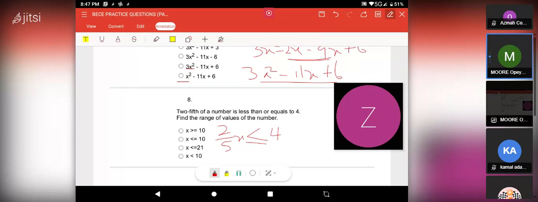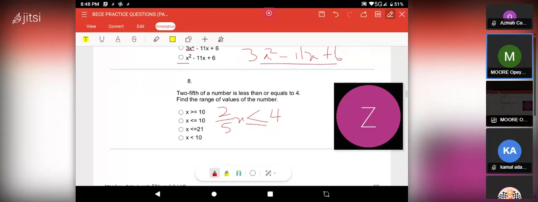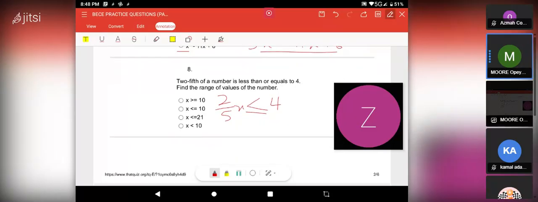Find the range of values of the number. Now, as it is, that symbol you see there can be used as an equal sign, which means that equation will be written as 2x over 5 is less than or equal to 4 over 1. Are you with me?